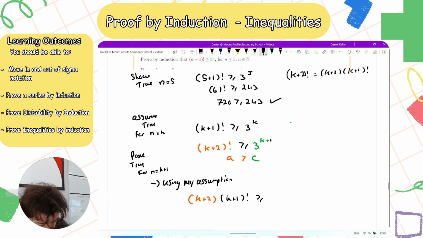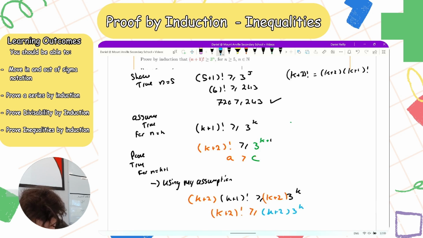(k + 2) factorial is greater than or equal to (k + 2) times 3 to the k, ding dong. So I now have here (k + 2) factorial is greater than or equal to (k + 2) times 3 to the k.